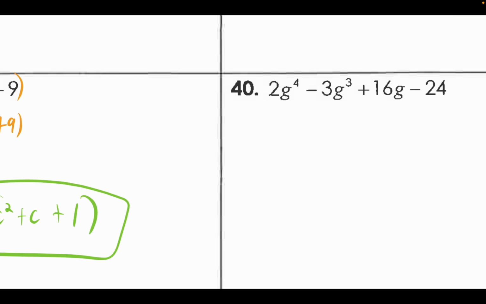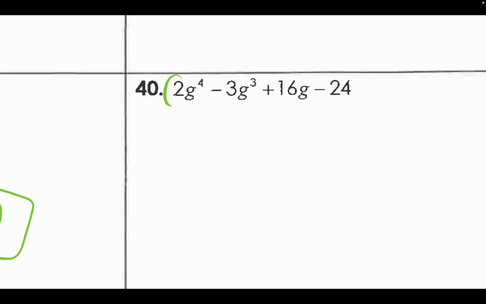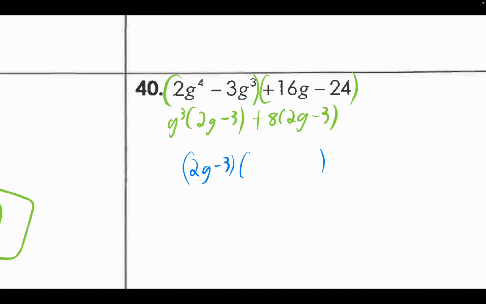On to number 40. First two and last two again for grouping. Just a g to the third, no coefficient other than 1. We get 2g minus 3. Here we have a GCF of 8, which gives us 2g minus 3. So then we have 2g minus 3 for one factor, and g cubed plus 8 for our other factor.